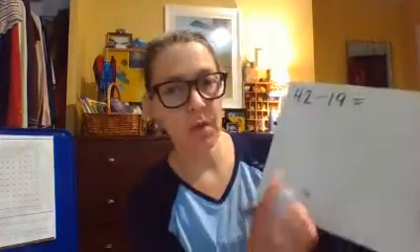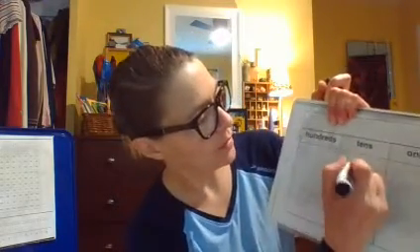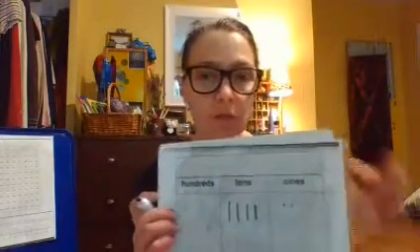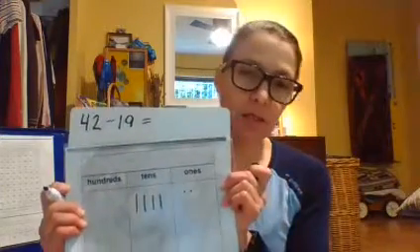We're going to draw a model for this, and I'm going to model by using my place value chart, and I'm going to draw 42. I have 1, 2, 3, 4 tens and 2 ones, and that's my 42. So my equation is 42 minus 19.